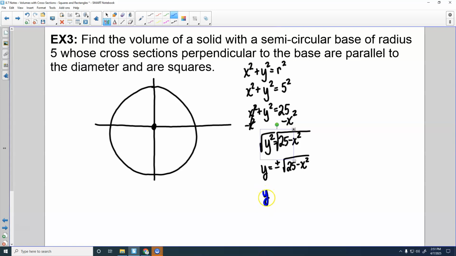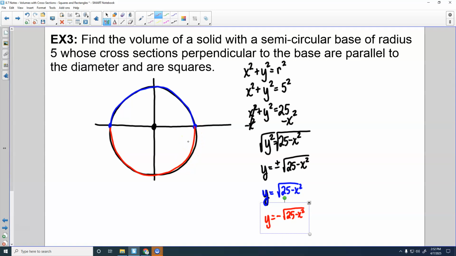It is y equals positive square root of 25 minus x squared, which gives you positive y values, so it is the top half of the circle. And then it's y equals negative square root of 25 minus x squared, which is the bottom half of the circle.